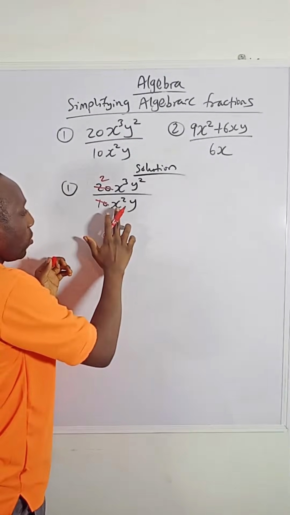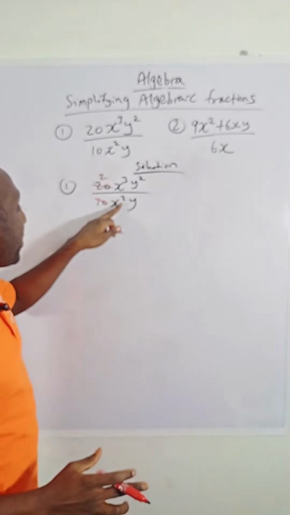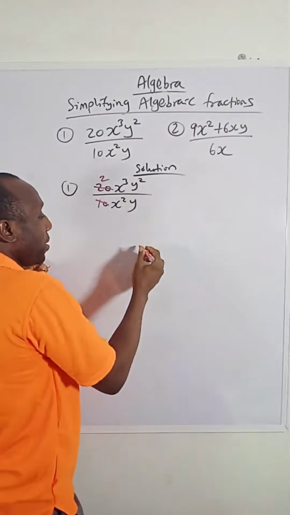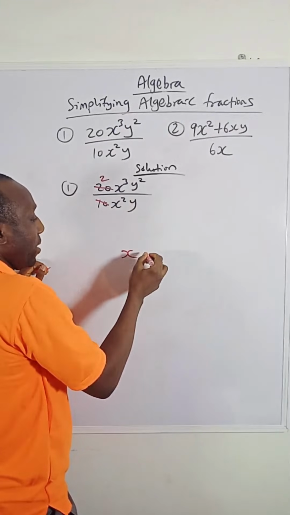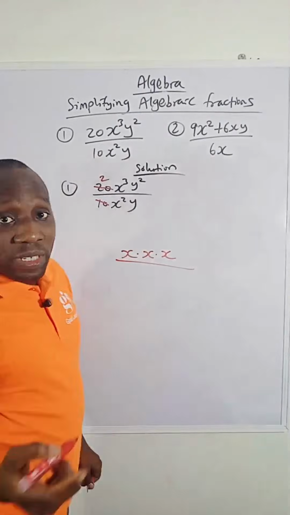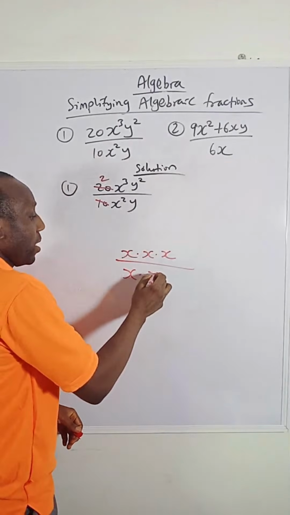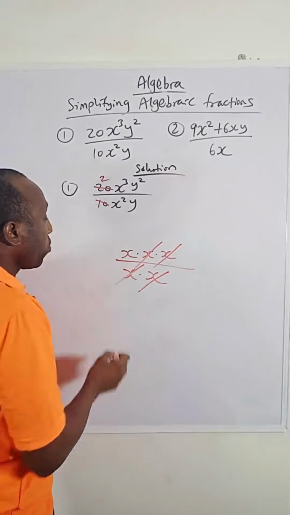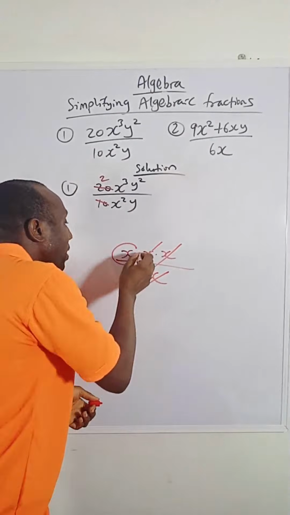Now we come to where the letters are. X squared into x raised to power 3. When you say x raised to power 3, you can rewrite it as x times x times x. And then x squared can be rewritten as x times x. So when you start to cancel, this cancels this, this cancels this, what do we have left? Just x here.